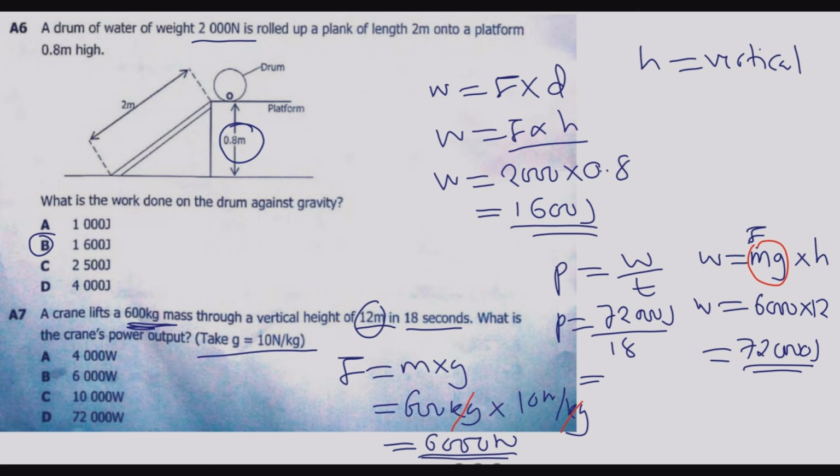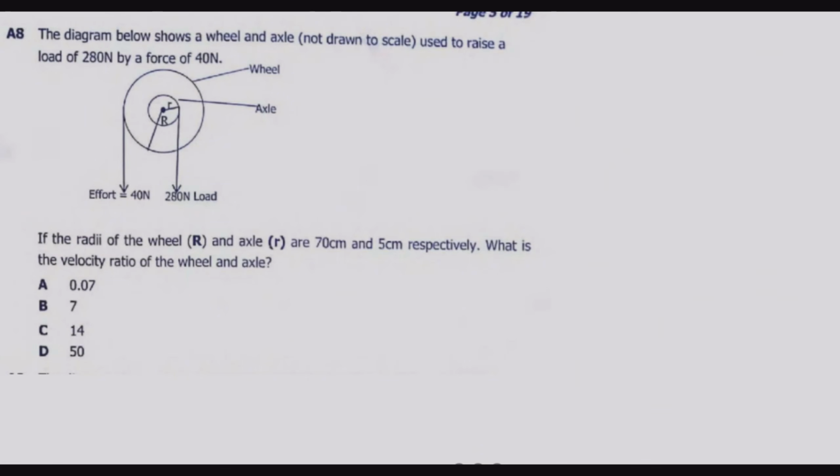So 18 to 72 is 4. So we have 4,000, and power is in watts, 4,000 watts. So 4,000 watts is the best answer on question 7. We look at question 8.